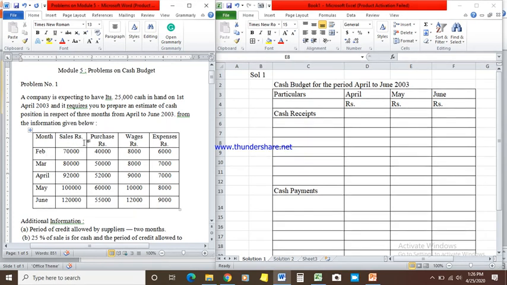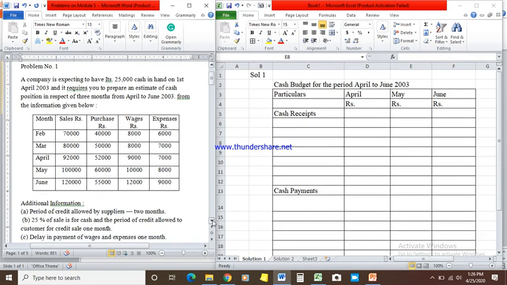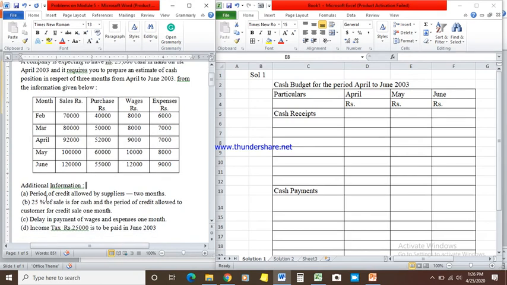So we are given sales figures, purchases, wages and expenses. The additional information given is that the period of credit allowed by suppliers is 2 months. So we purchase goods from our suppliers on credit and they provide us 2 months credit, which means the February purchase of 40,000 is going to be paid after 2 months, that is in the month of April.